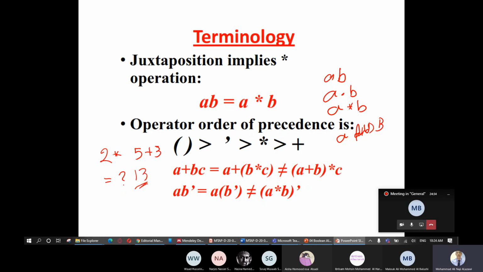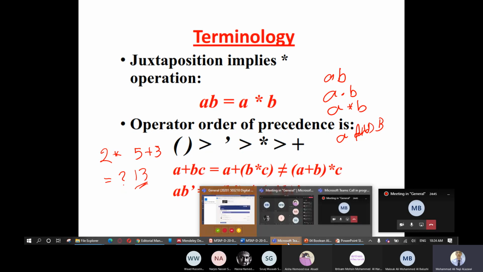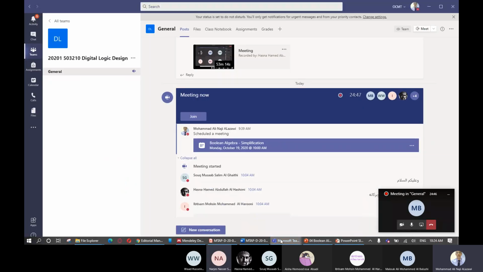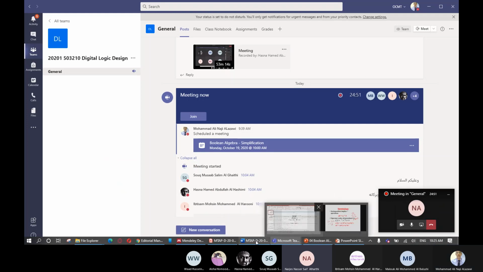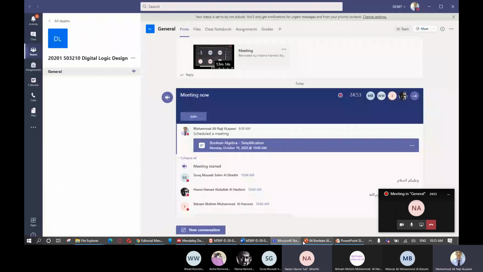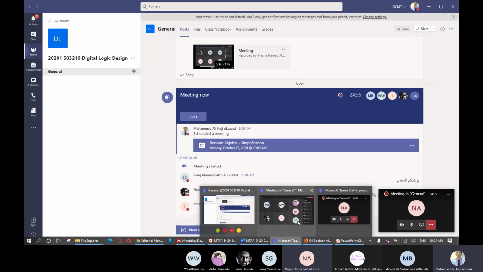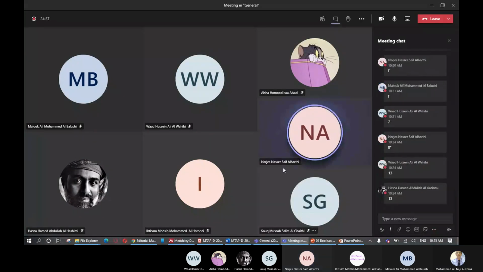Why not 16? 5 plus 3 equals 8, then multiplied by 2 equals 16. Because the first thing, if you have a bracket, we start from the bracket. After that, you have multiplications. We do the mathematical operation.